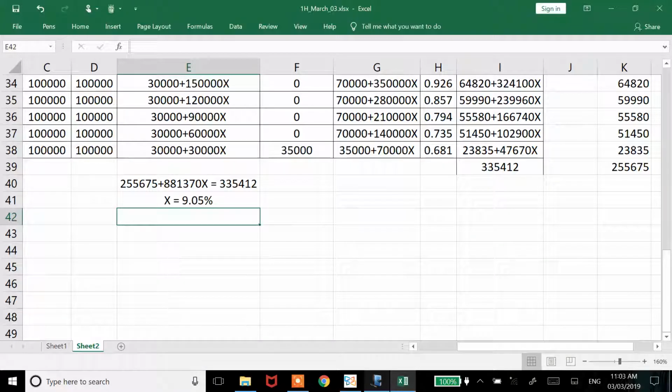The analysis indicates that the interest rate should drop to 9.05%.